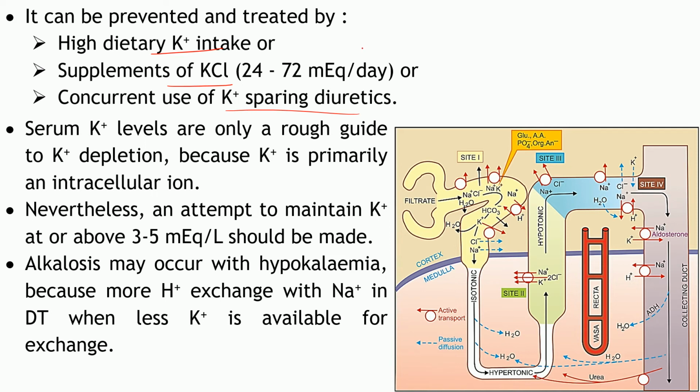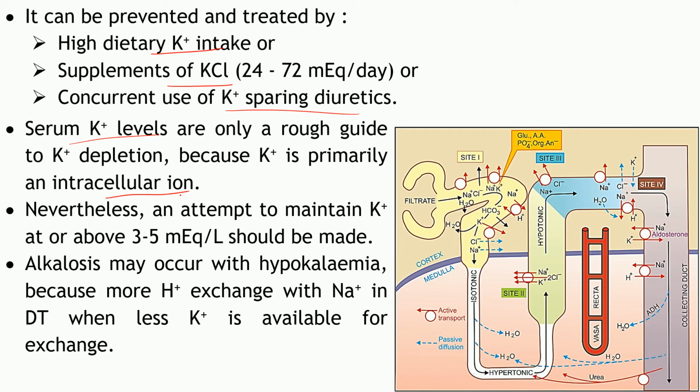So these are the 3 ways by which you can prevent the complication of hypokalemia, which may be precipitated when you use high-ceiling diuretics or thiazide-like diuretics. Now, mere monitoring of the serum levels of potassium may not be sufficient. That's because potassium is usually an intracellular ion, right?